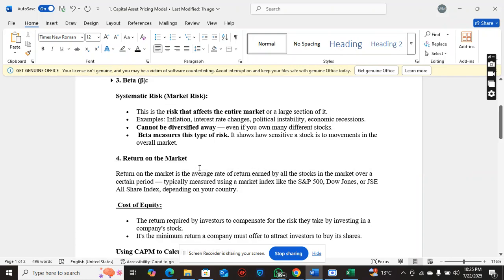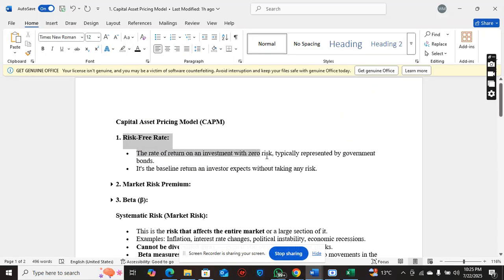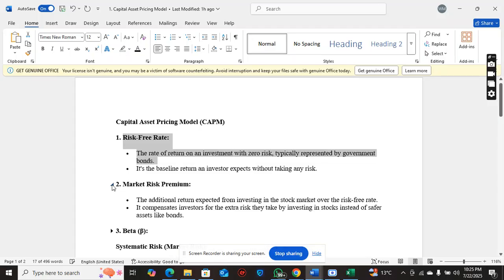Now, this return on market, when you subtract the risk-free rate from it, that's when you get the market risk premium. This market risk premium is just the additional return that you get when you invest in shares in the stock market as opposed to risk-free investments. Because with the stock market, securities with high risk expect high returns.